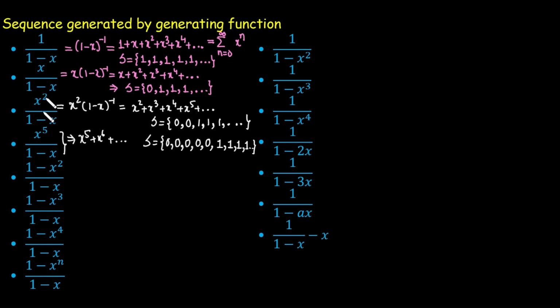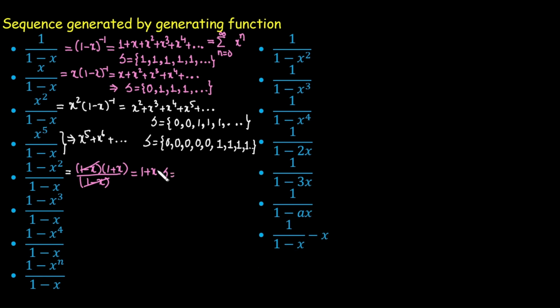Now there is another case when we have this format. So it has 1 minus x square upon 1 minus x. What is the simplified form of this? It's like 1 minus x into 1 plus x divided by 1 minus x. So dividing this, we are getting the series of this form, 1 plus x.